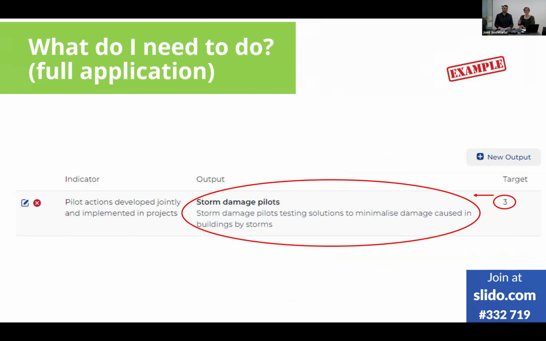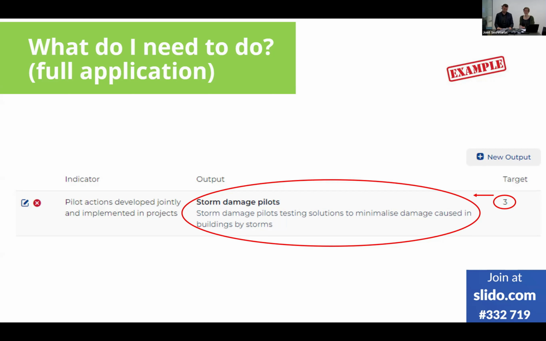And then in the next column, highlighted by the red circle, it's very similar to what we have seen before, for example, when working with activities or deliverables. We again need a title from you and a description.